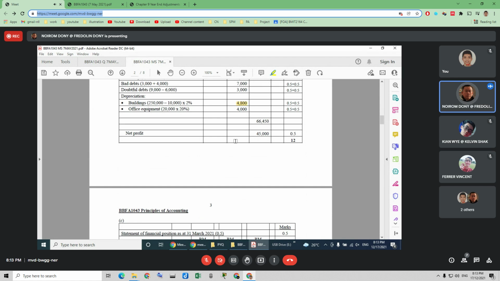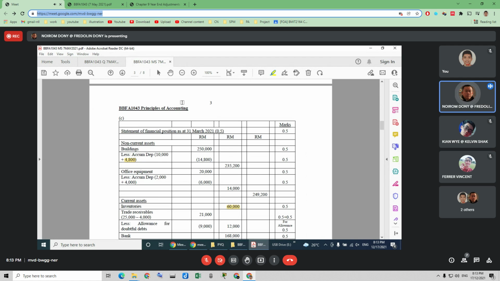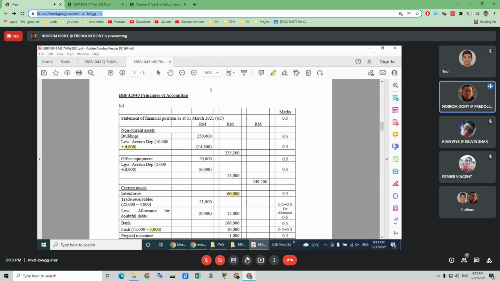So the percentage you times with the cost. 20%, 0.2, times 20,000. So you get 4,000. So this is debit, by providing as one of the expenses. And then credit is when you add with the existing accumulated depreciation from the trial balance. Okay, plus 2,000 plus 4,000.